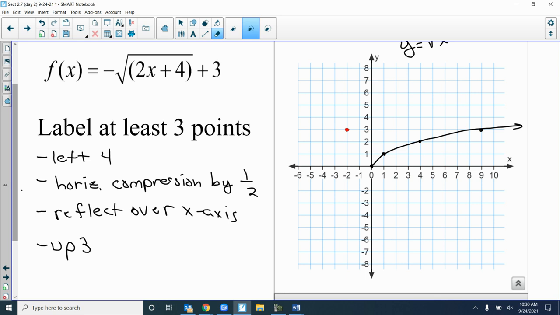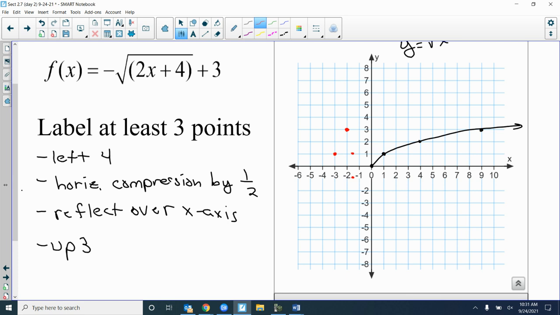All right, so 1, 1. Go left 4. 1, 2, 3, 4. It takes me to -3, 1. Compress it by a half. Just a half towards the x-axis. So it's at -3, so it's going to go where? -1.5. Reflect over the x-axis. That will reflect over to -1.5, -1. And now I go up 3.